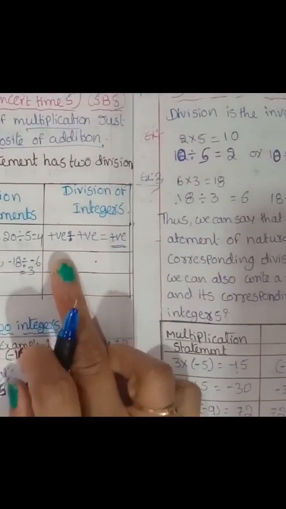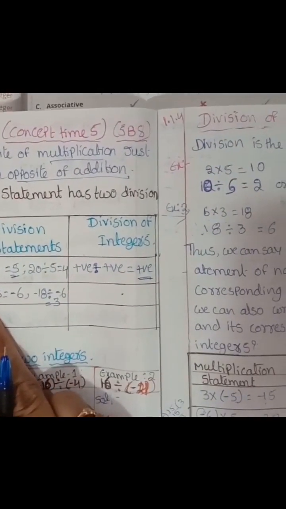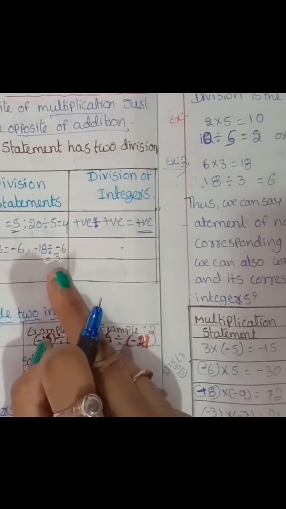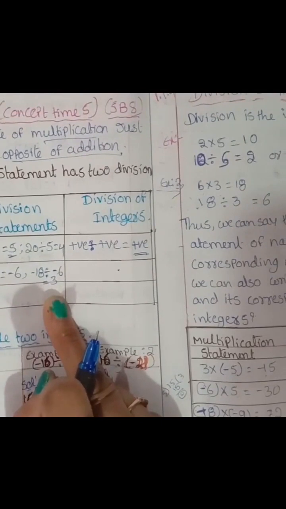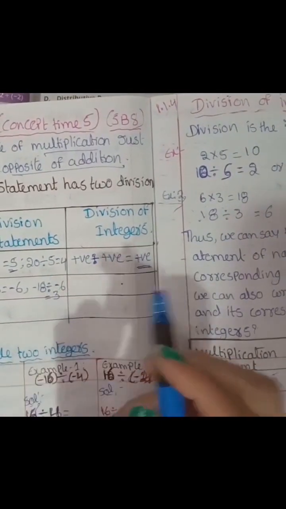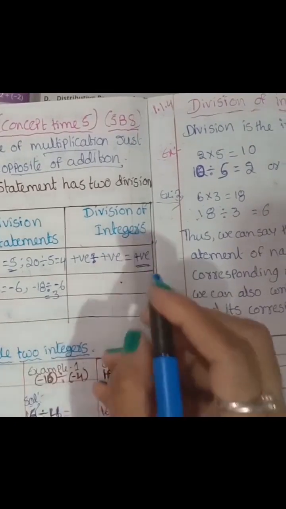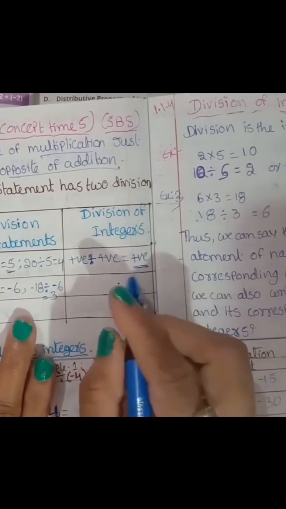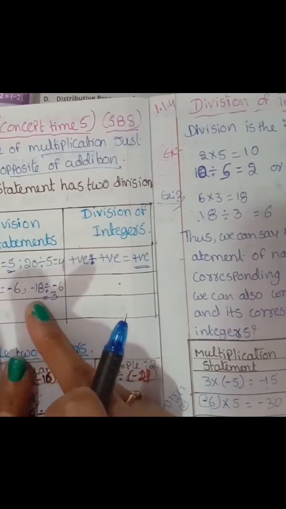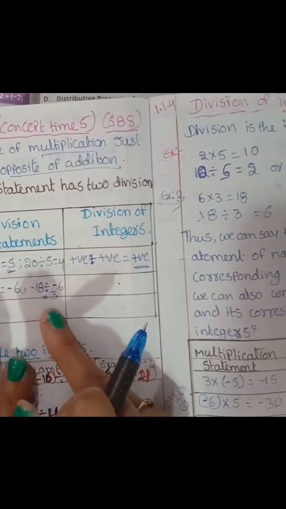One is a negative integer divided by a negative one; we will get the positive integer only. Positive or negative? Positive only. So a negative divided by a negative integer gives a positive integer.